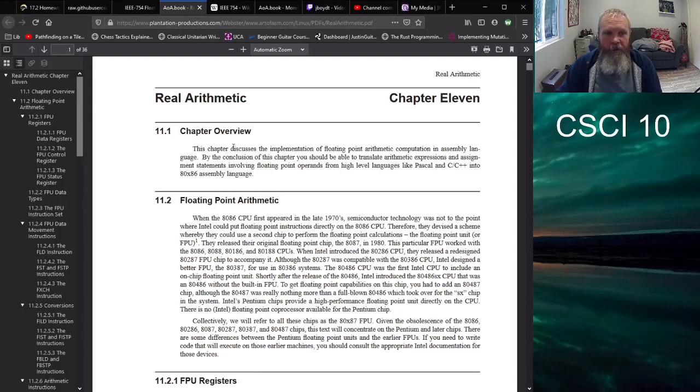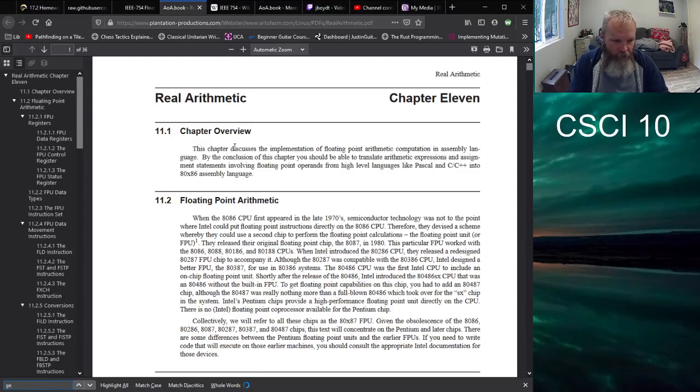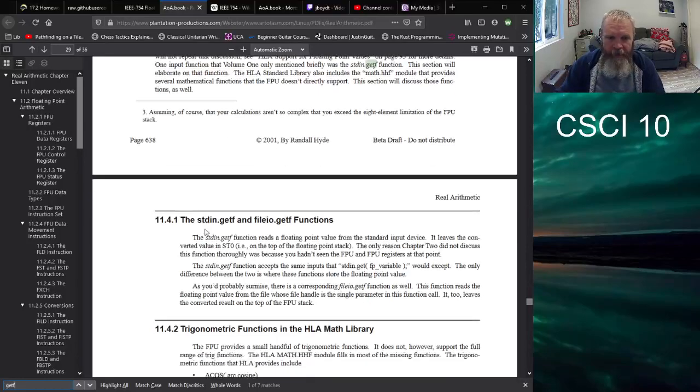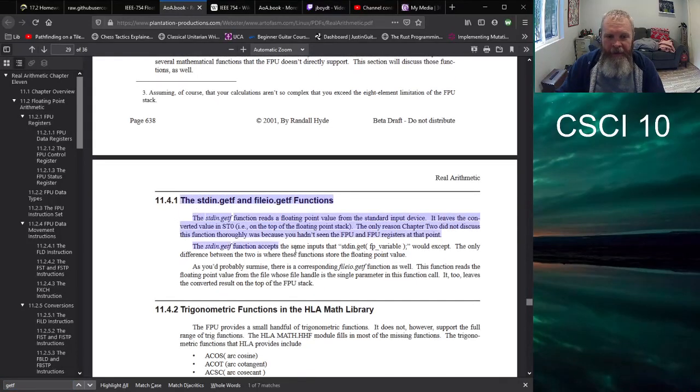If you do Control F, I'm going to search for get F, and I'm going to find it. Okay, so I did a find in this reading that's linked on your readings page. The get F function reads a floating point value from the standard input device. It leaves the converted value in the top of the floating point stack. So this is in some ways different from what we're accustomed to. We're accustomed to things being deposited in the integer registers, but we're no longer dealing with integers, we're dealing with floats.